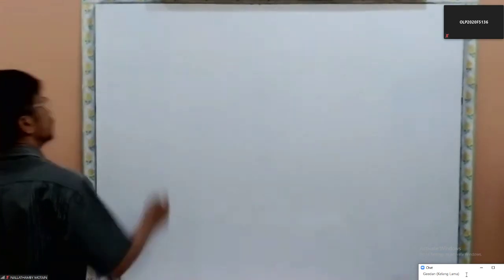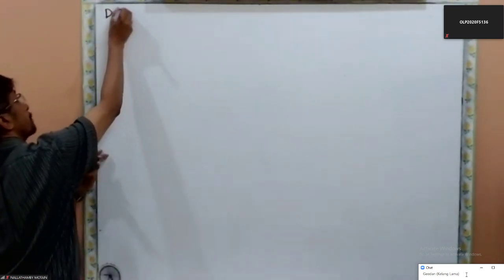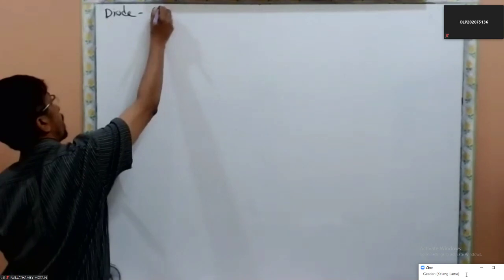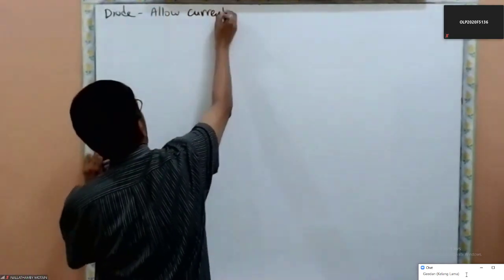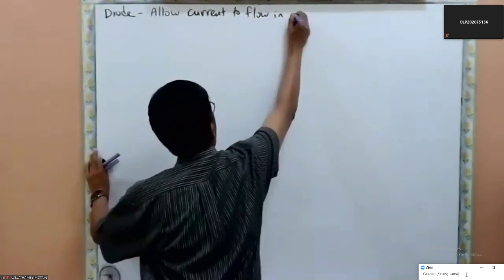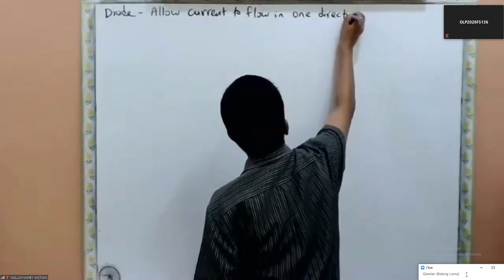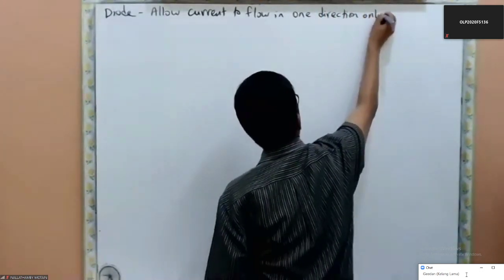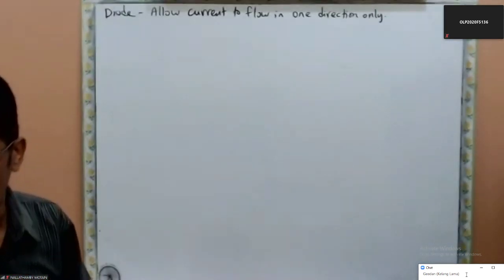Okay, so now, because the diode allows the current to flow in one direction only.